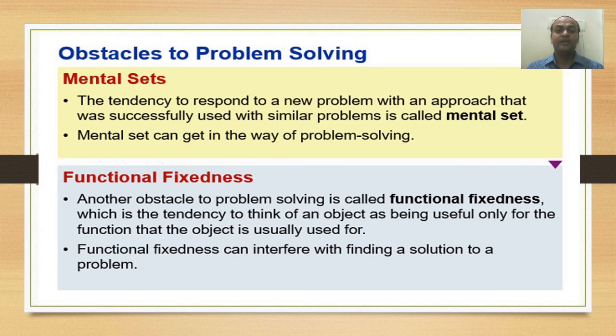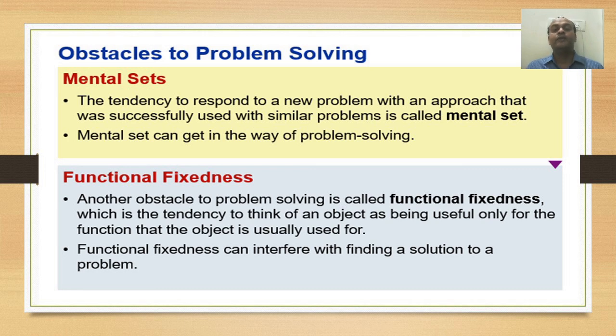Now the same stick which is behaving like a wicket in cricket can be used as fuel, can be used to break something, can be used as a stand. So these are all different functionalities which can be associated with that particular kind of stick, right?